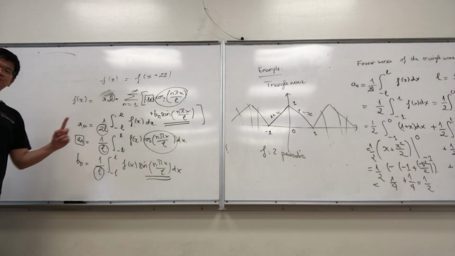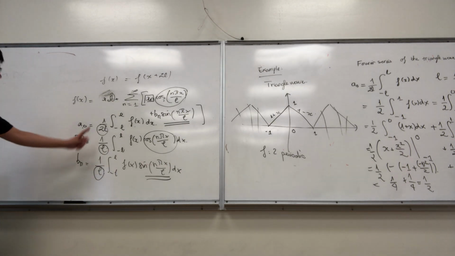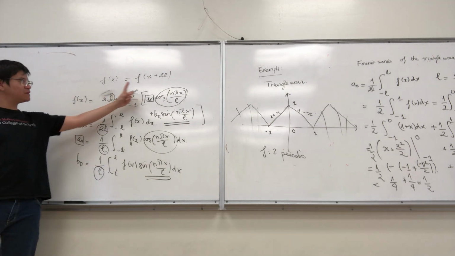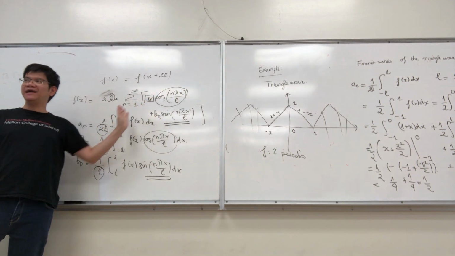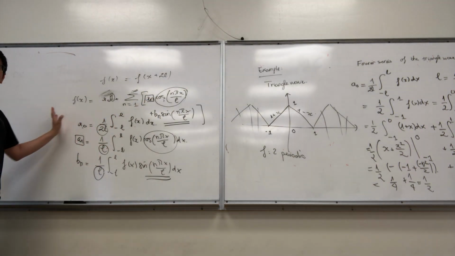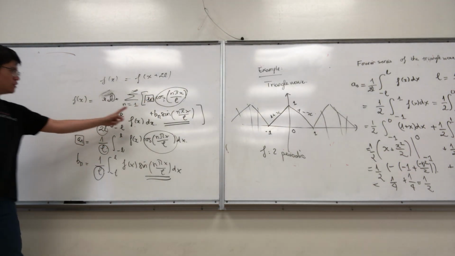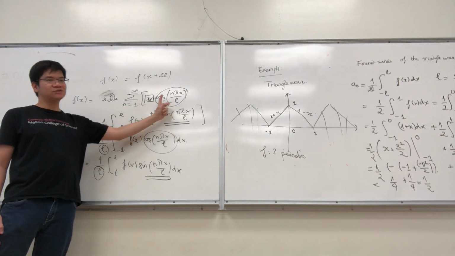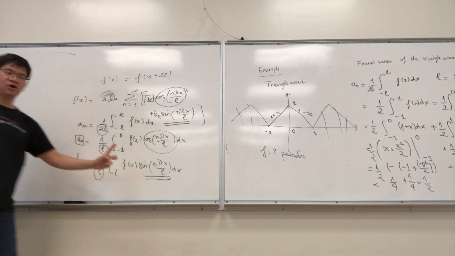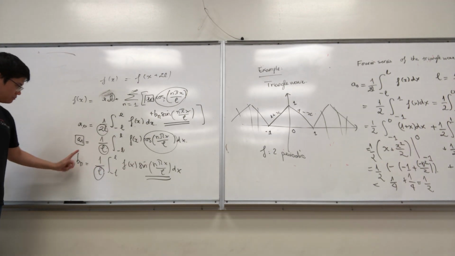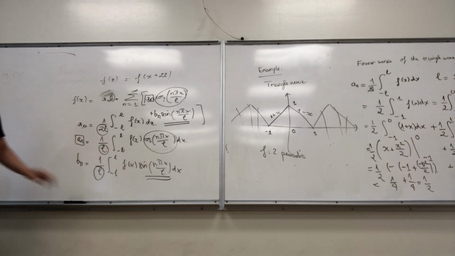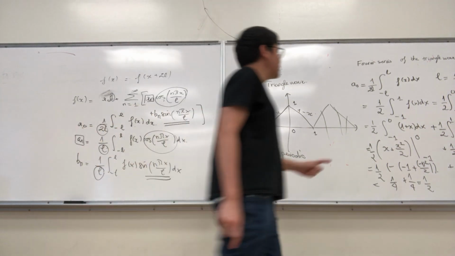Now, I'm going to use the Fourier formula. The Fourier formula says that if I have a 2L periodic function, I can write this function as the sum of A0 plus a linear combination of cosinus and sinus. The coefficients AN and BN can be computed this way, and A0 is computed this way. So I'm going to use this formula.